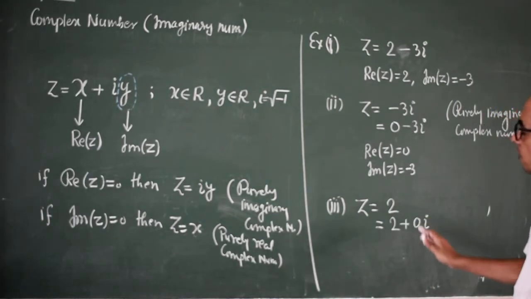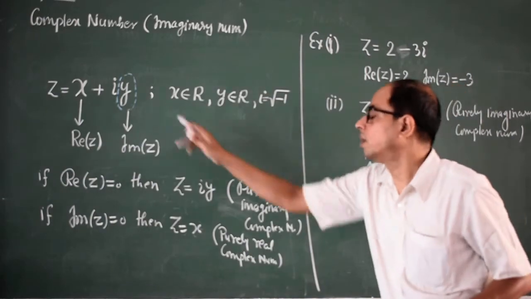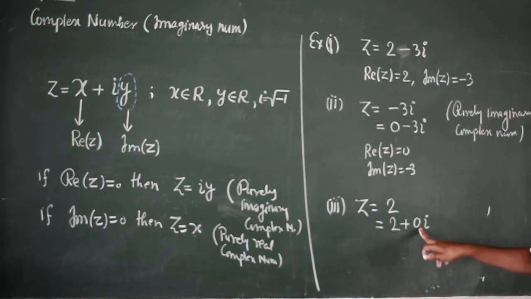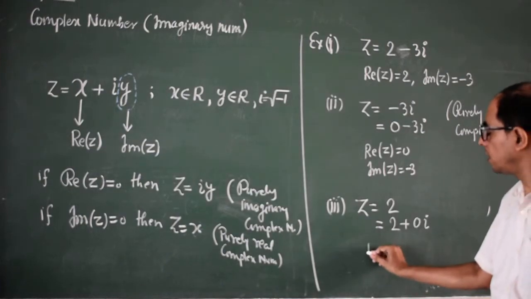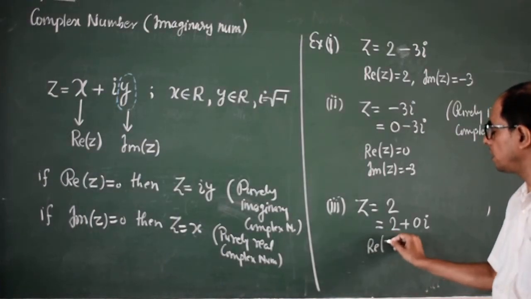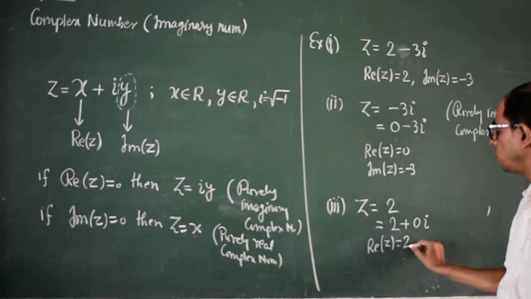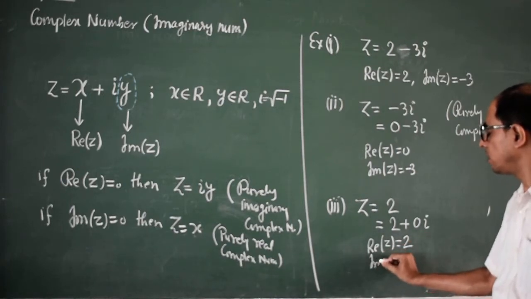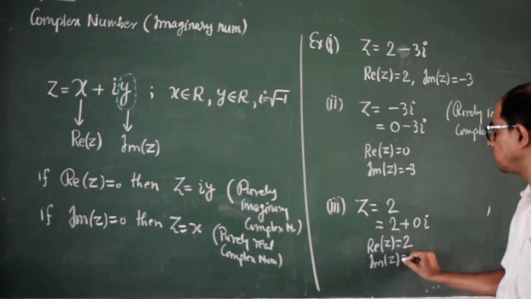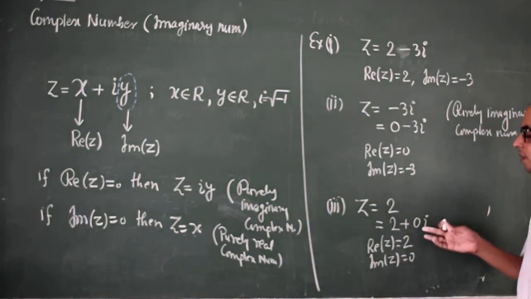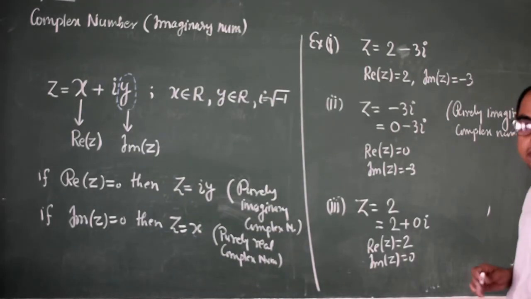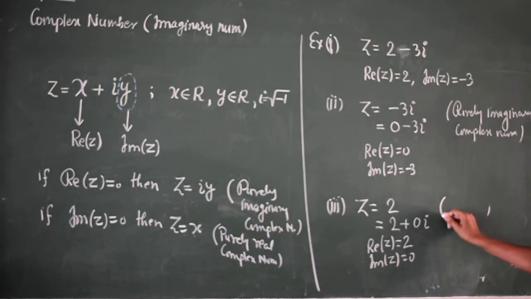We can put this number in this form where 2 is a real number and 0 is also a real number. So it is also a complex number. Now the real part of z is 2 and the imaginary part of z is 0. Since this complex number has one part 0, it is also given a special name, and it is called a purely real complex number.